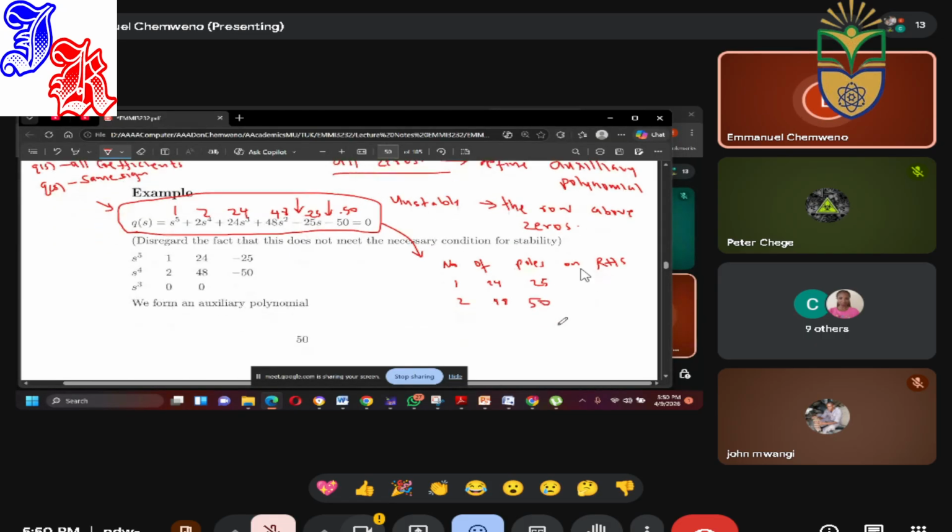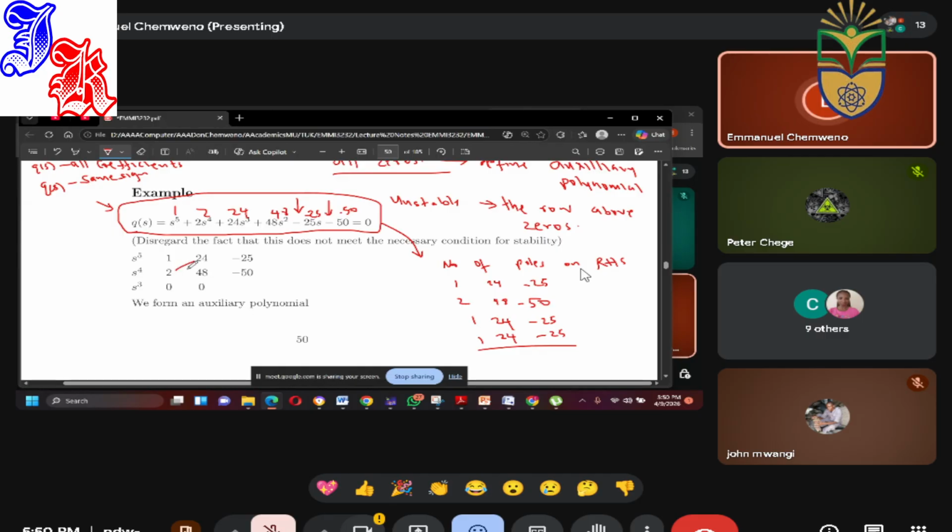I say that we can as well, this is a negative, divide this whole row by 2, to be 1, 24, negative 25, and then 1, 24, negative 25, with no loss of the process, it will still continue properly.